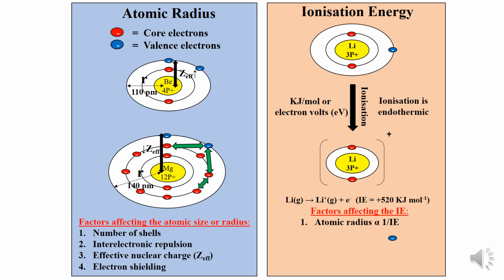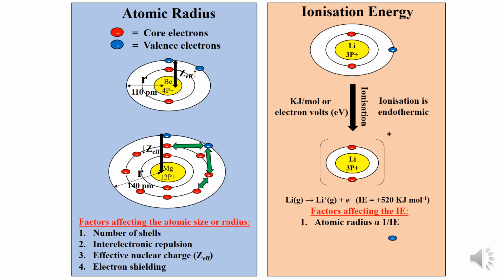As a result of the decrease in attraction, the outermost valence electrons in case of magnesium are loosely held and can be easily removed. Less energy will be required to remove the valence electrons in case of magnesium as compared to beryllium. In case of beryllium, the valence electrons in the outermost shell are very close to the nucleus because of its smaller size.